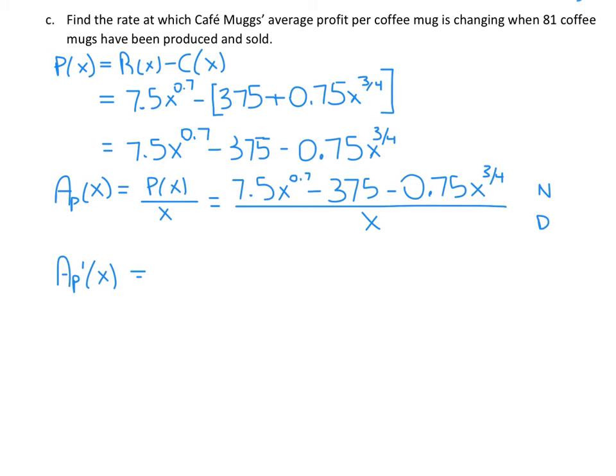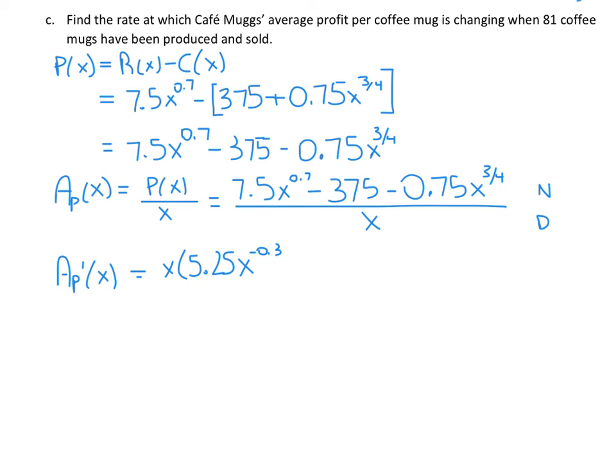So using the quotient rule, we first take the denominator, which is x, times the derivative of the numerator. So taking the derivative of the numerator on that first term, bring the 0.75 exponent down in front and multiply it by 7.5, which leaves us with a 5.25x to the, subtract 1 from the exponent, we have a negative 0.3. Moving on to the next term, a negative 375.